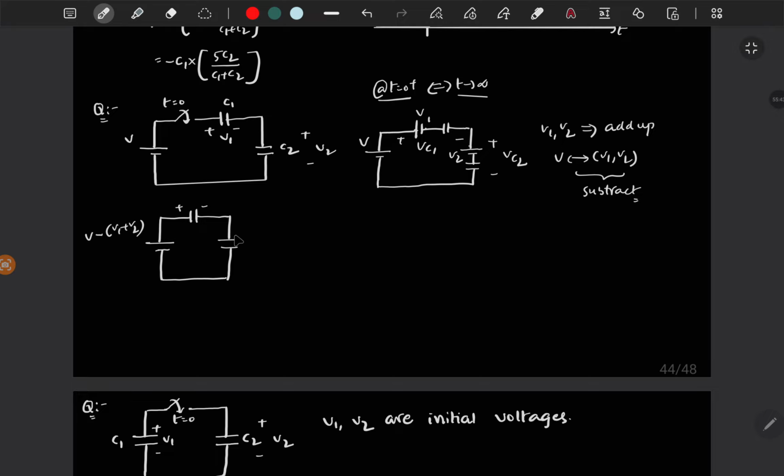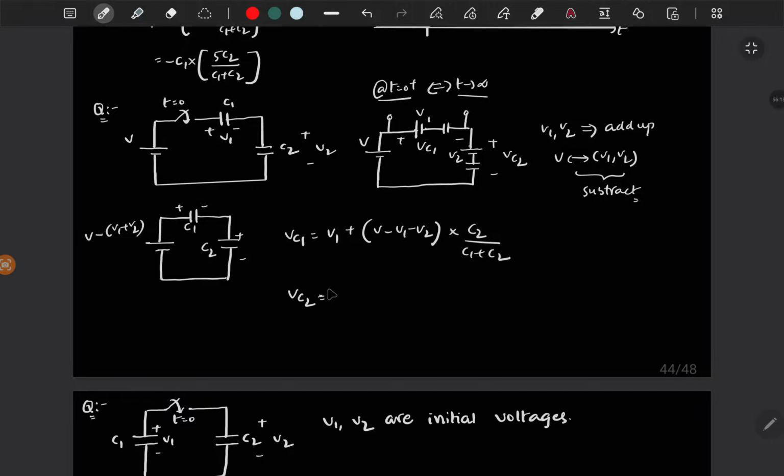If you find, you will get these two voltages, but if you want VC1, then it is across these two terminals. So VC1 is V1 plus V minus V1 minus V2 times C2 by C1 plus C2. That's it.